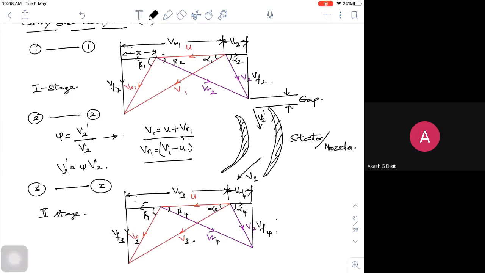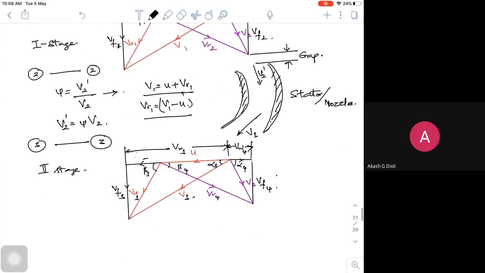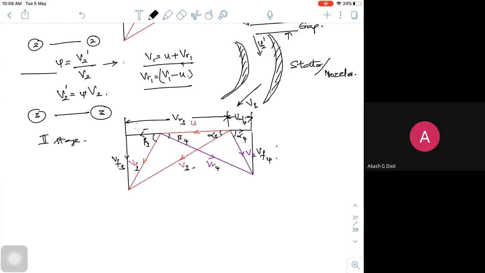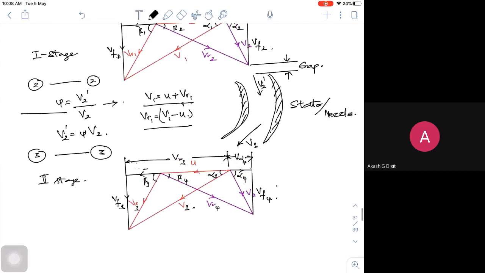Fine. So now the ratio of the entry velocity to the stator and the exit velocity of the preceding rotor, we call that your carryover coefficient. Or V2 dash, the velocity with which the fluid enters the nozzle or stator, is equal to psi times V2.